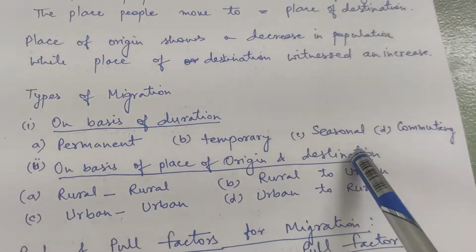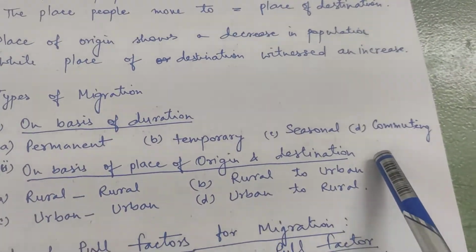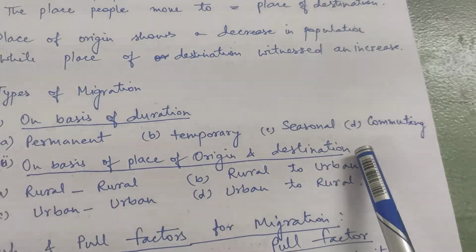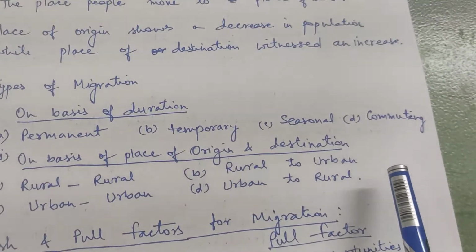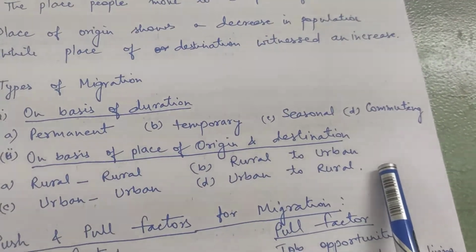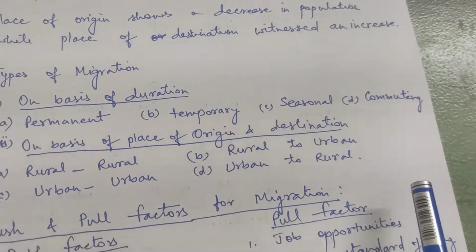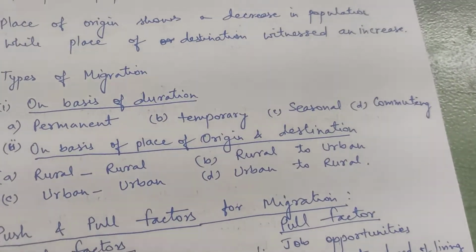So this is called seasonal migration. Commuting means, as we have seen in urban and rural areas, people go to urban areas for their work. They go in the morning and come back in the evening. It means daily migration, daily going to employment or some other place and coming back in the evening. This is called commuting.